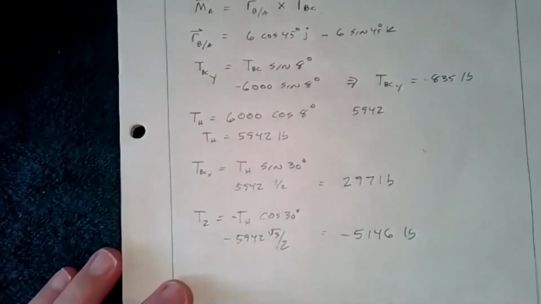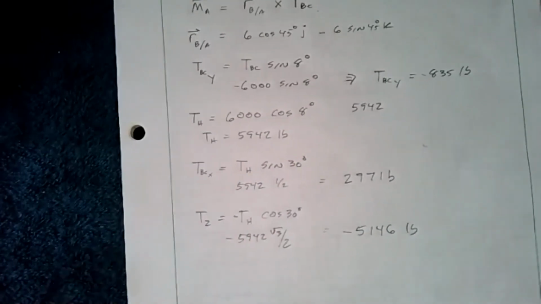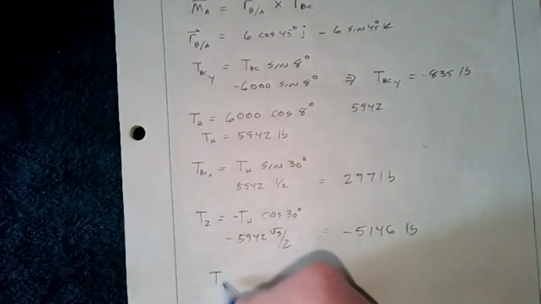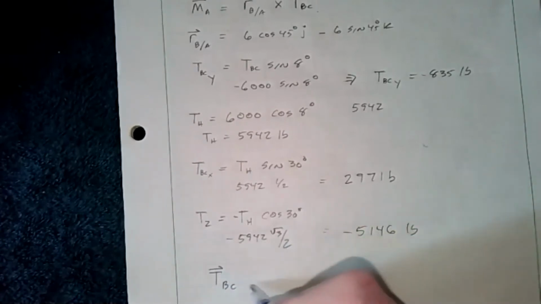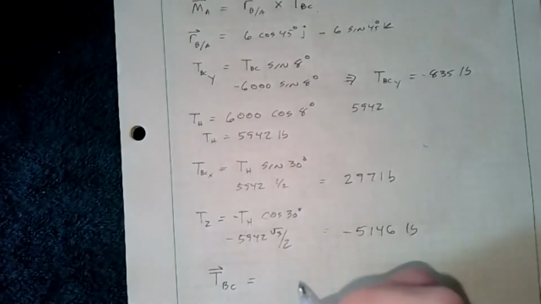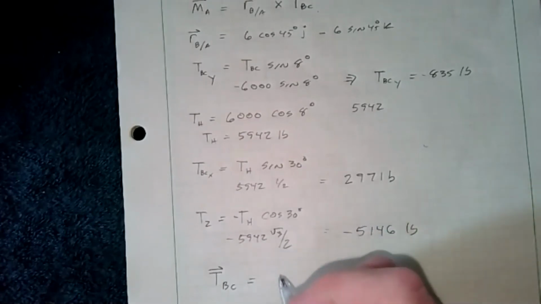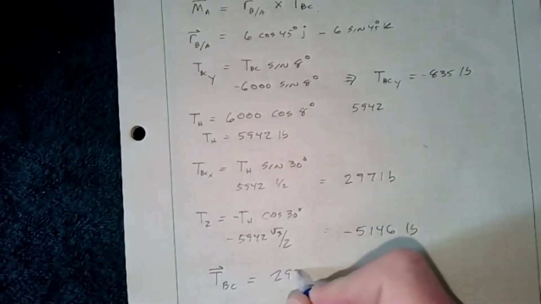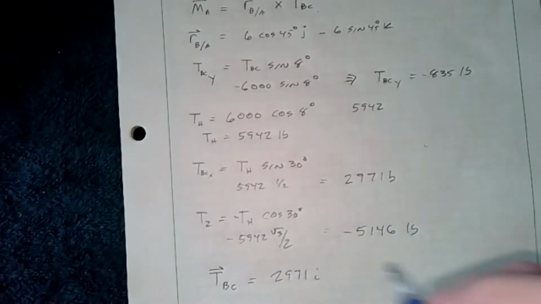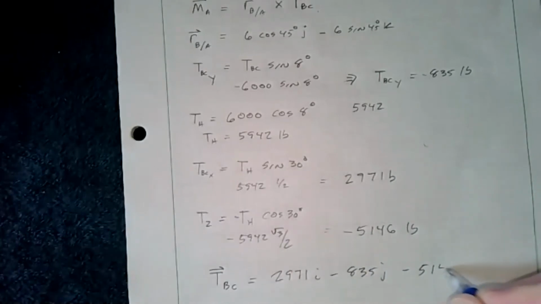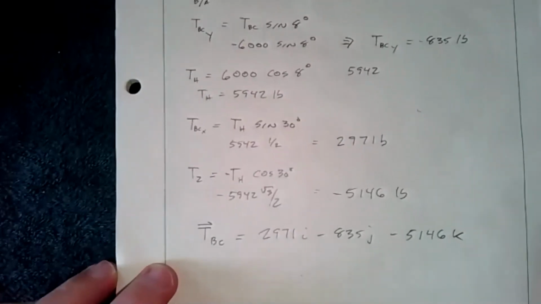So my final answer, my final tension BC is 2971 I minus 835 J minus 5146 K. So that's my final vector.